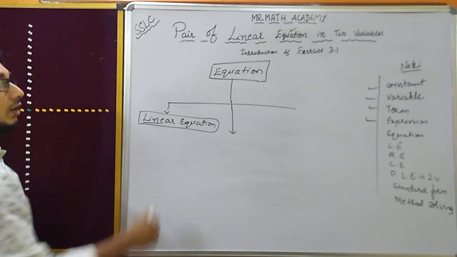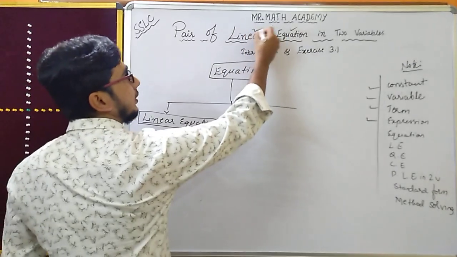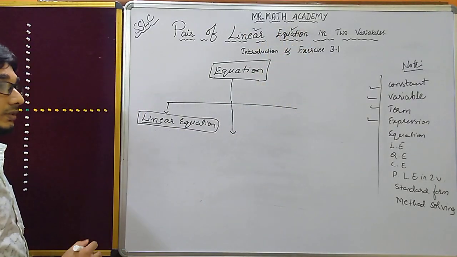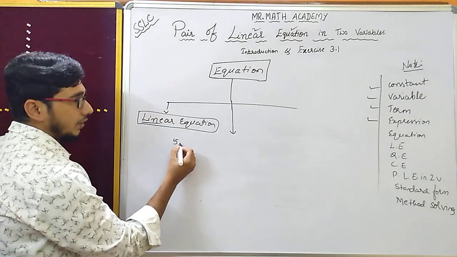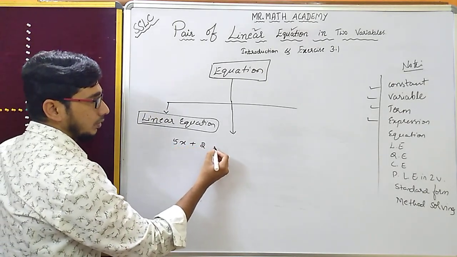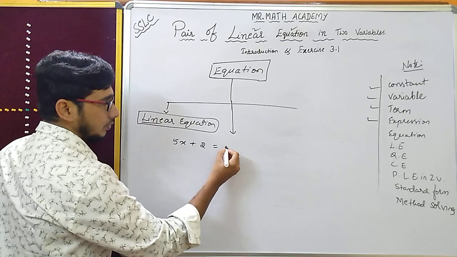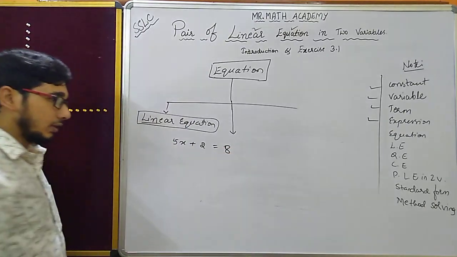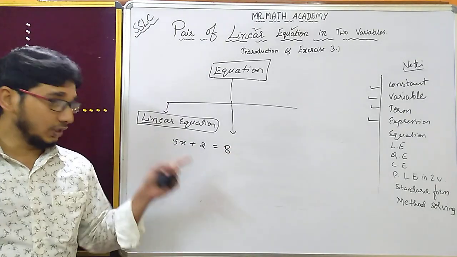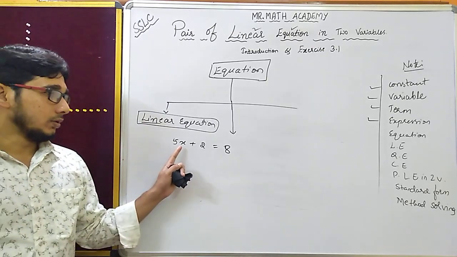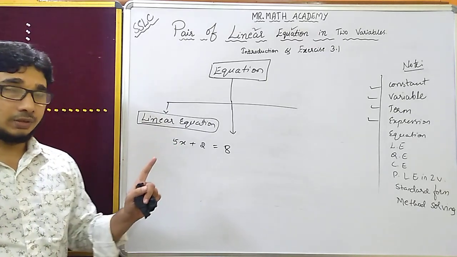Now this is for linear equation over. I'll write one example. 5x plus 2 is equal to 8. This is a linear equation in one variable.